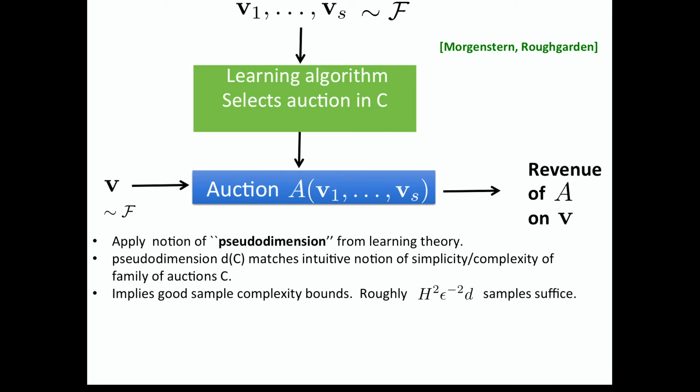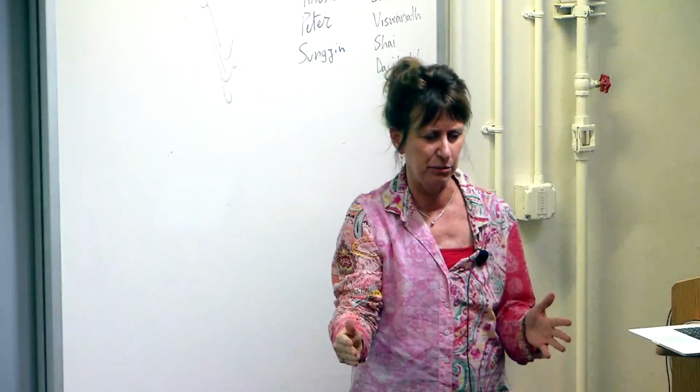Yeah? I just wanted to understand what you mean by sample complexity. Does it mean that you choose 1 over epsilon bidders, take their maximum value and use that as a result? Actually, what I'm talking about here is the setting where you first see some number of samples from the distribution, and then you run the auction on a new set of n bidders.